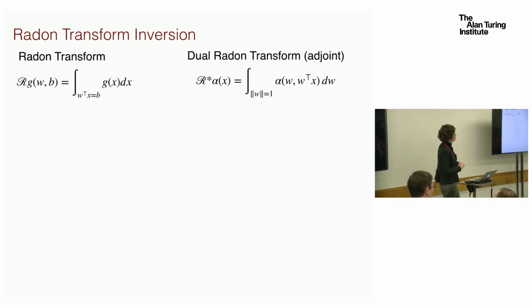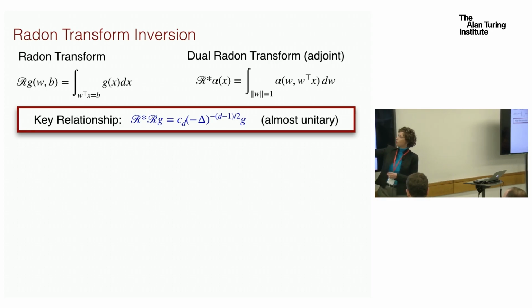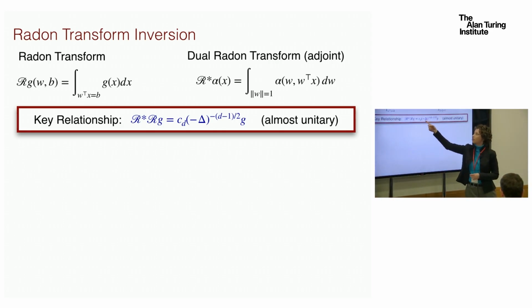Okay, so there's a key relationship between the radon transform and the dual radon transform. They're adjoints of each other. They're not inverses of each other. But it's almost unitary. So in particular, if I take an image, G, and compute its radon transform, and then compute the dual radon transform of that, then what I get is something that's not quite G, but it looks like some sort of fractional Laplacian of G.